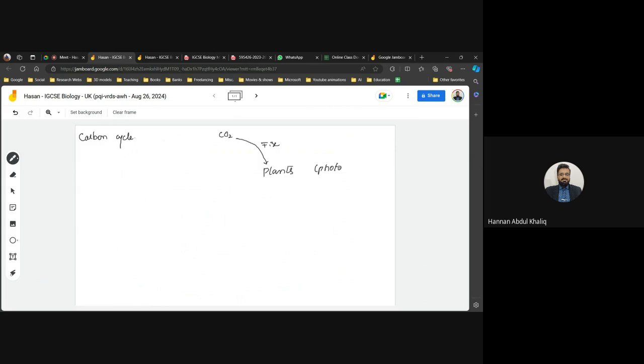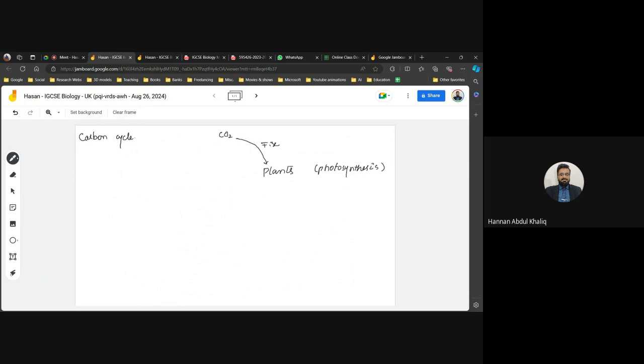Obviously, there is no other way. Yes, you can do this with the help of phytoplanktons, which are algae, and they can convert the carbon dioxide into carbohydrates, especially for the food chains present in the water bodies and oceans.